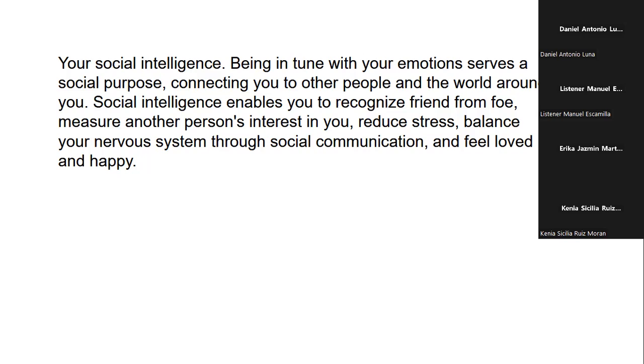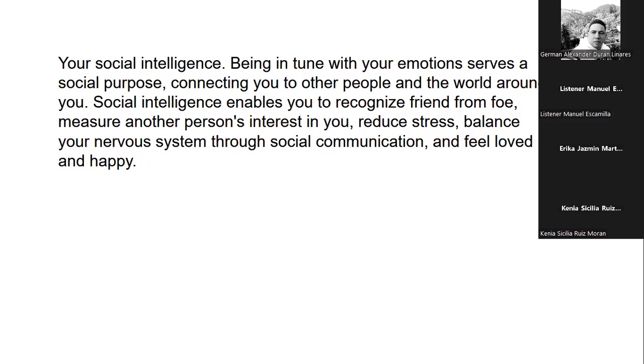Being in tune with your emotions serves a social purpose, connecting you to other people and the world around you. So social intelligence enables you to recognize friend from foe. What is foe? Anybody knows what is a foe? No. Foe is a synonym for enemy.